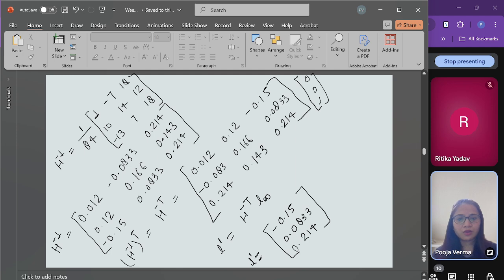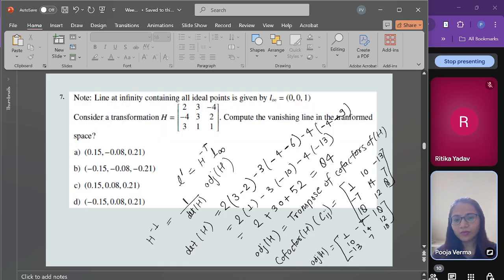Okay, so let's check which option matches. The values we have got are minus 0.15, 0.0833 and 0.214. The best matching option is option D, right?